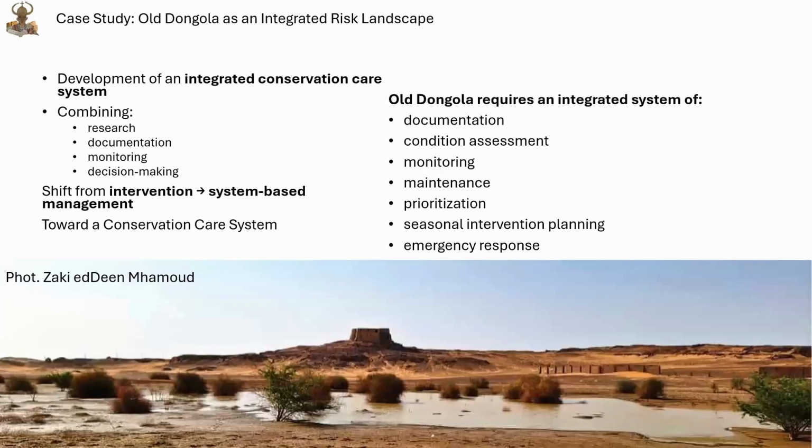And the final point is that Old Dongola requires not only individual conservation treatments, but a conservation care system. Such a system includes documentation, condition assessment, monitoring, prioritization, which is really important, seasonal planning, emergency response, and interdisciplinary cooperation.